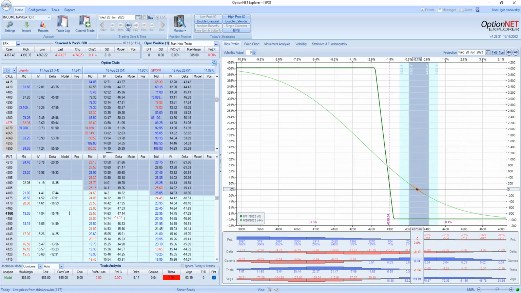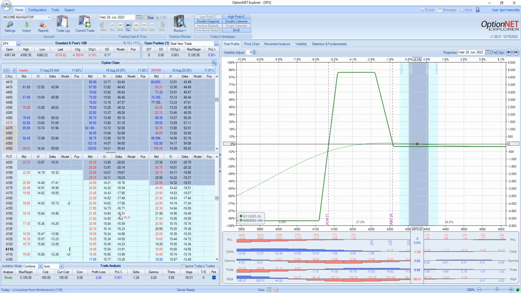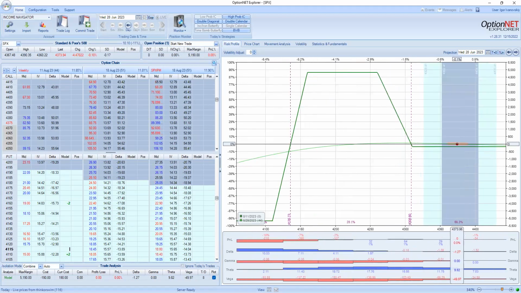If I sell 2 puts at 41.60 and then I go out 50 points, and I buy 2 puts at 41.10, we actually don't have enough credit to cover all of what we would spend on the put debit spread, because this would show a net debit.